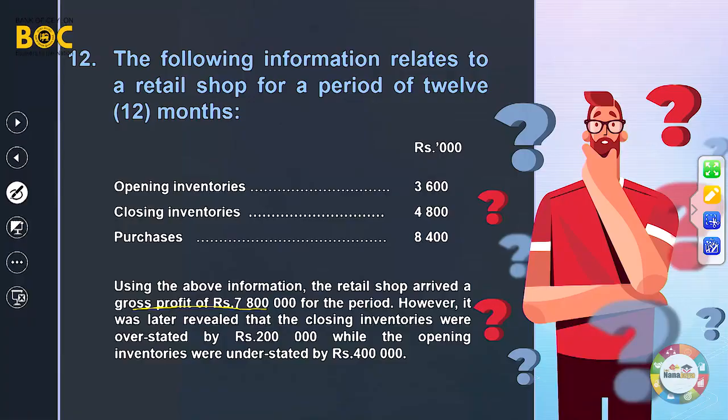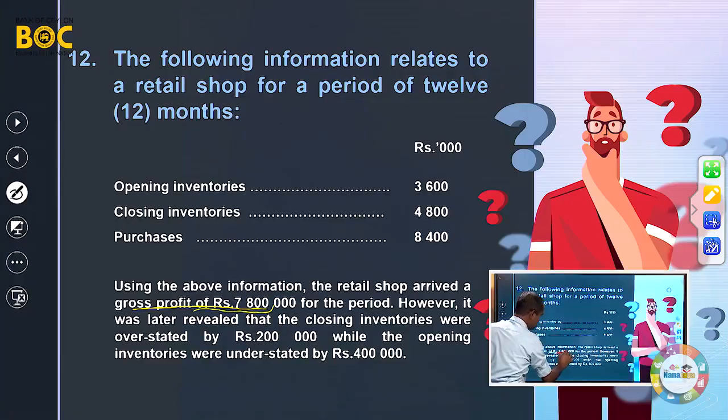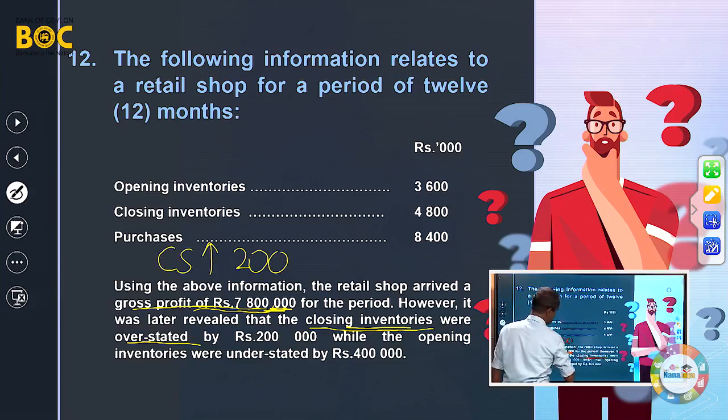With these details, you have earned a gross profit of 7,800,000, but it was later revealed that the closing inventory was overstated by 200,000 rupees.